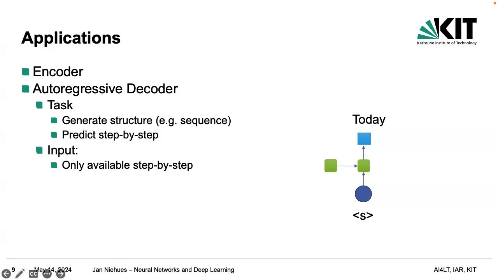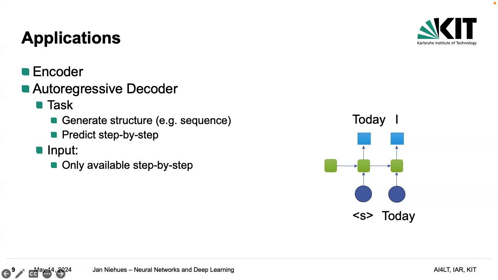So now you have generated "today." And then, of course, you have to tell the model, oh, it generated "today," because it didn't actually generate "today." It only generated a probability distribution where maybe "today" is the most probable one. Then you put "today" in, again, calculating your new hidden state. Now it knows, okay, now we have a sentence starting with "today." And so it knows, okay, how can I continue it?